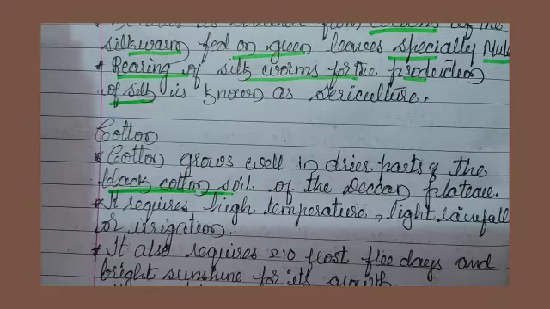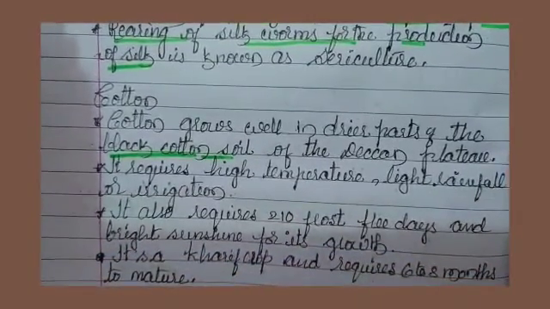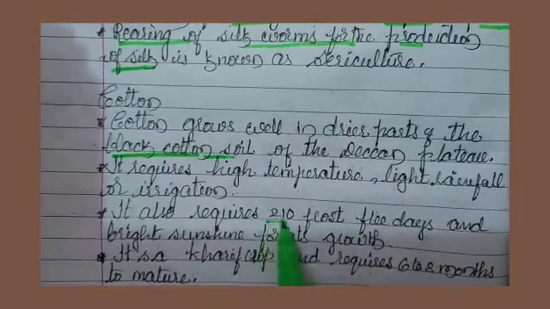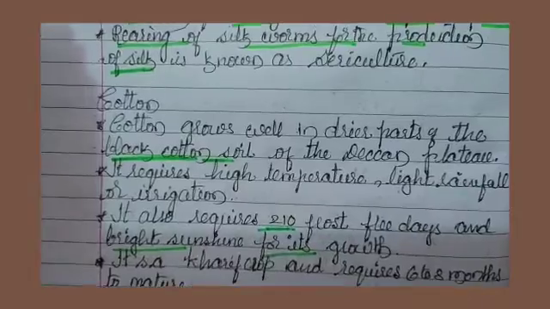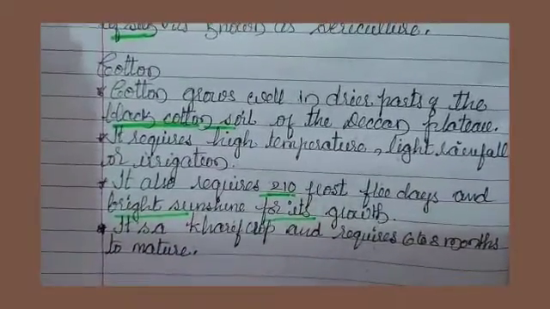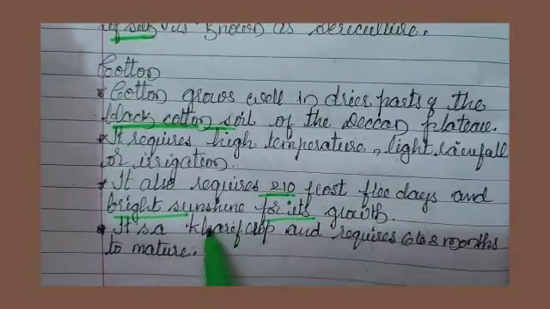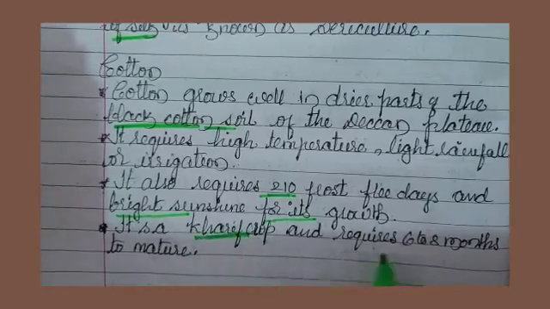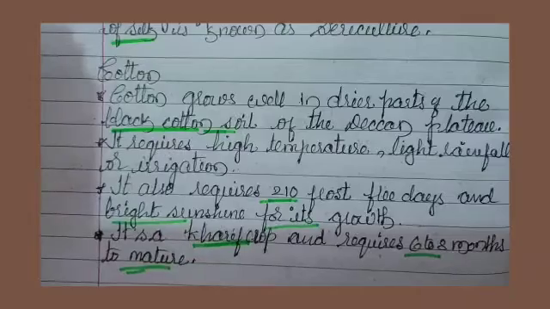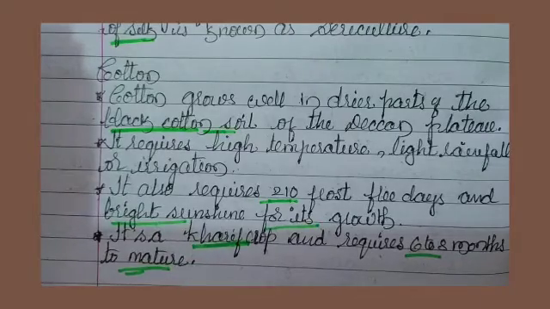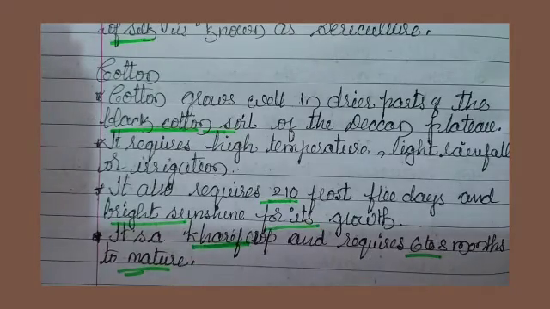It also requires 210 frost-free days and bright sunshine for its growth. Cotton is a kharif crop, and it requires a minimum of 6 to 8 months to mature.